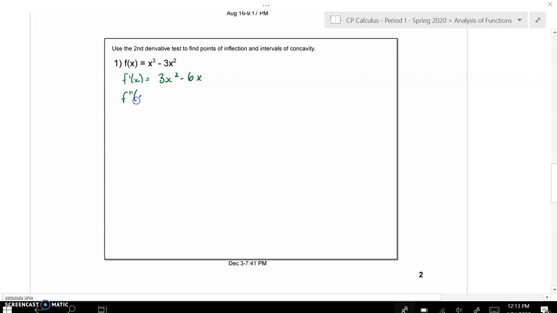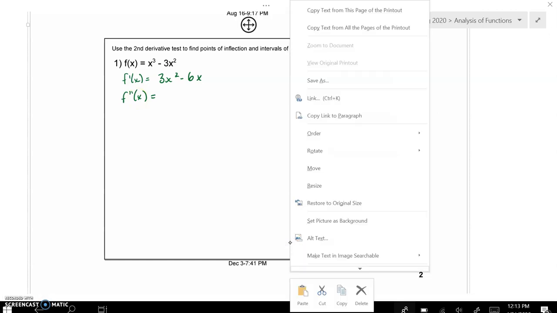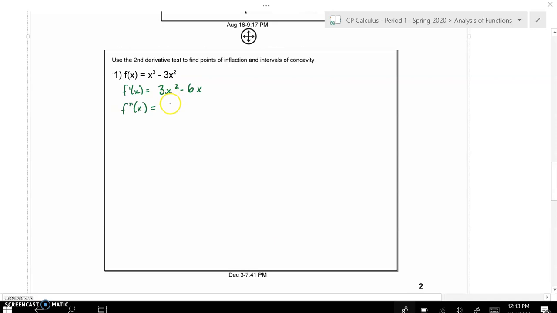We're going to do a second derivative. So you could do all the first derivative stuff, and with the practice, you're going to do that, but we're going to skip it for time's sake here and go right to the second derivative. In this case, the second derivative here is 6x minus 6. And with that second derivative, we're going to do the same thing.